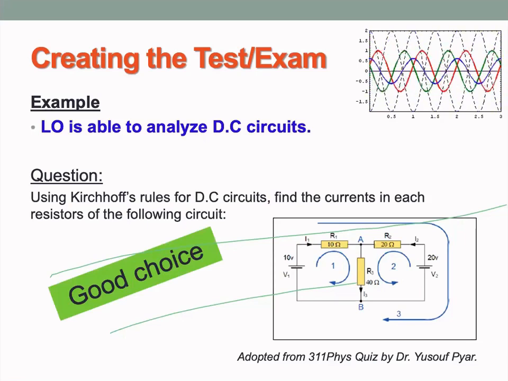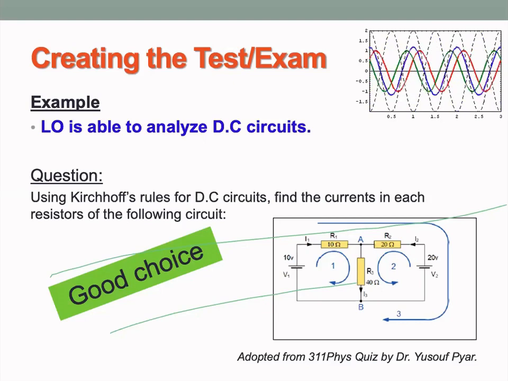Because with a problem set like this, we can see whether the student is able to analyze this circuit or not. So we really assess their ability to analyze the circuit.